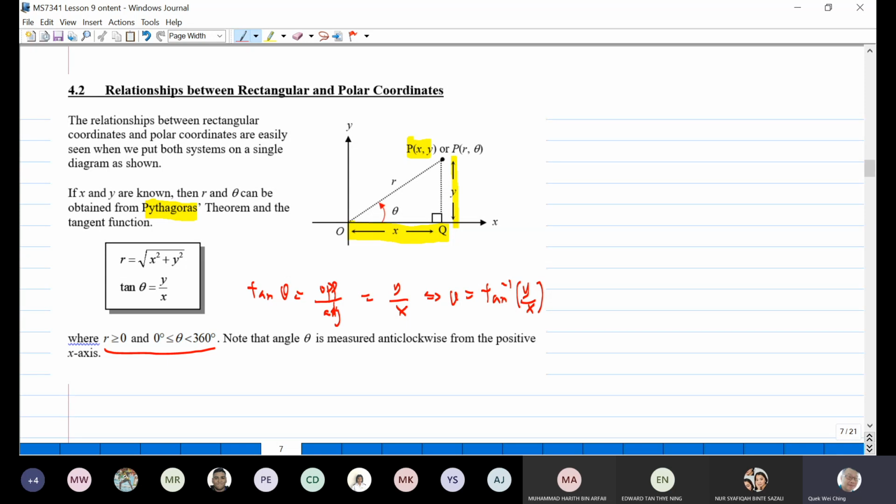And measurement of theta is always measured anti-clockwise. Okay. You'll see that later on. So this part is a bit tricky. So this part is given x and y. From x and y, you can find out r and theta here.